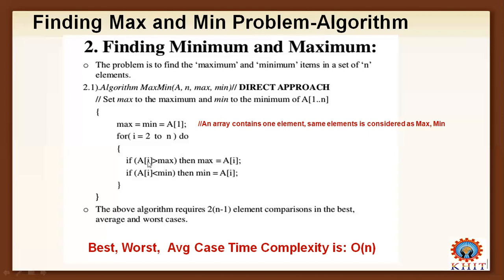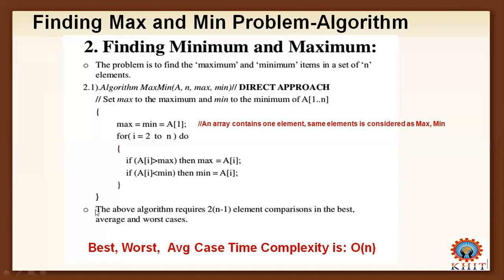When we compare, if A of I is greater than the maximum element, then the maximum element becomes A of I. If A of I is less than the minimum element, then the minimum element becomes A of I. So in this way, we can check two conditions, and the max element is compared with A of I. So based on the A of I value, we can conclude whether it is the maximum element or minimum element in the given array.